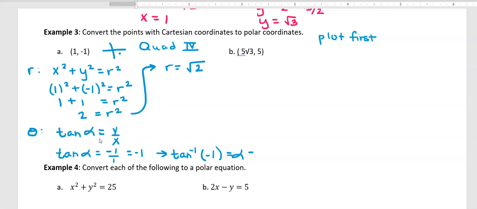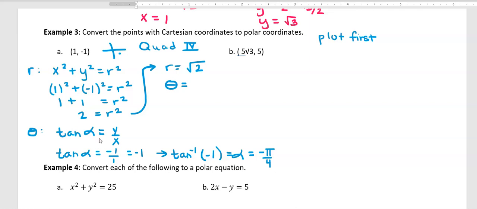And you might put that in as -pi over 4. But we want to try and measure this using positive angle measures if you can, which is why I labeled this angle as alpha, because the theta is the final answer angle.